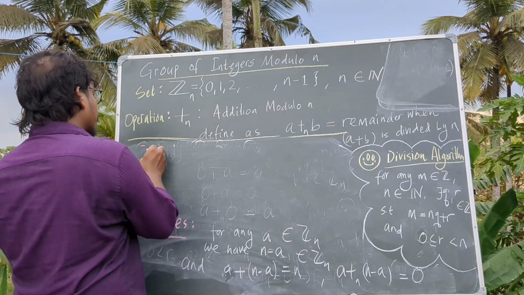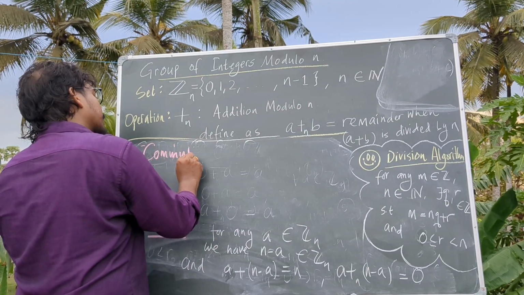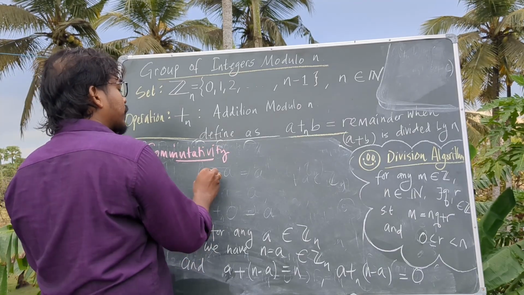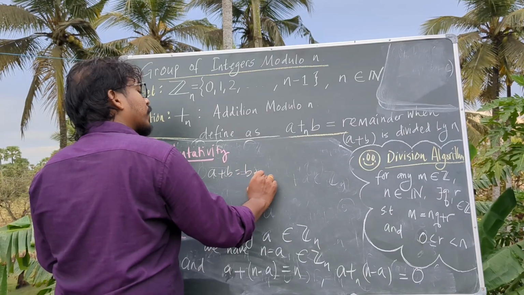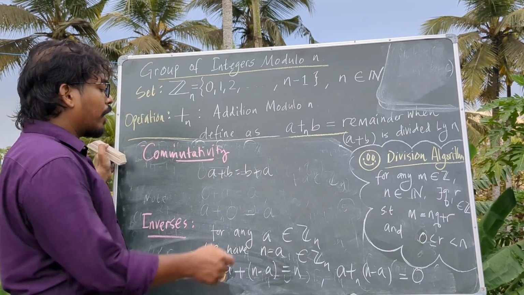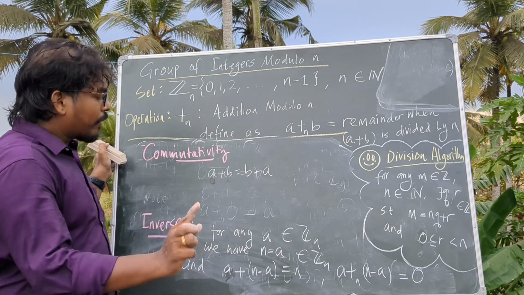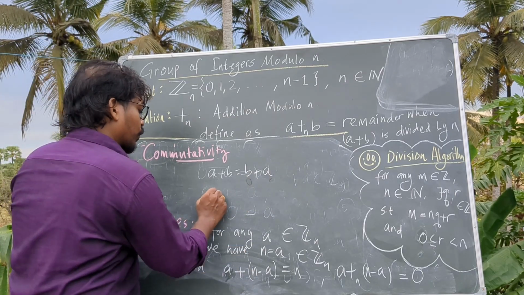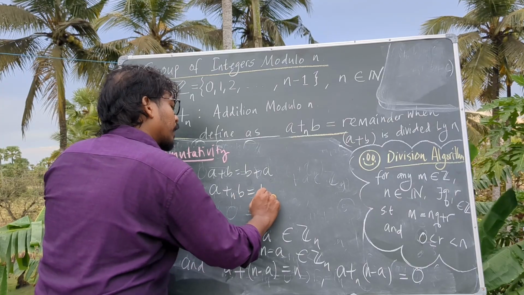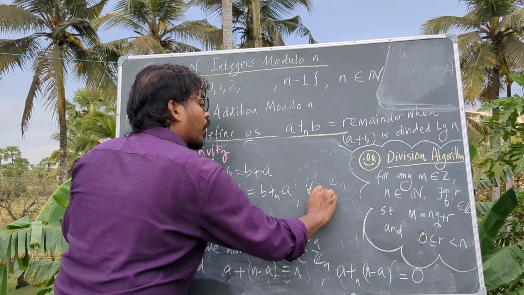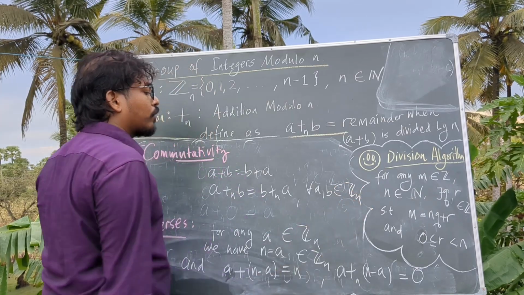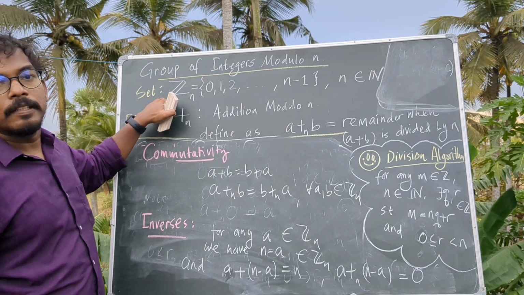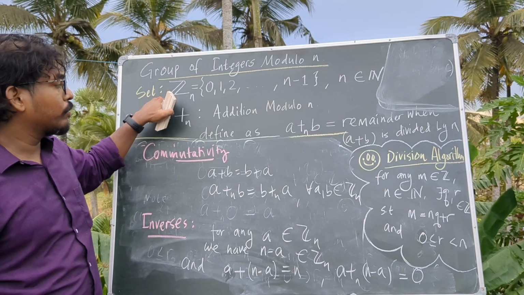Commutativity will also hold, because A plus B is the same as B plus A for any two integers A and B, and when this number is divided by n, the remainder I get is the same as when the other number is divided by n. So for all elements of our set Zn, this is not only a group, it is an abelian group, or commutative group.